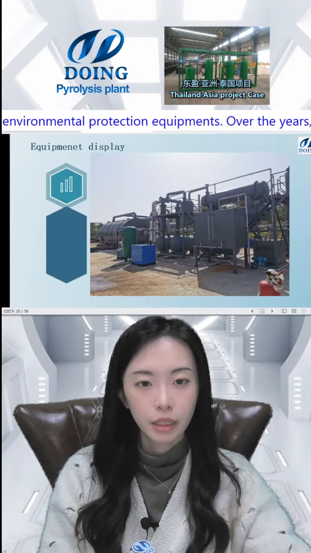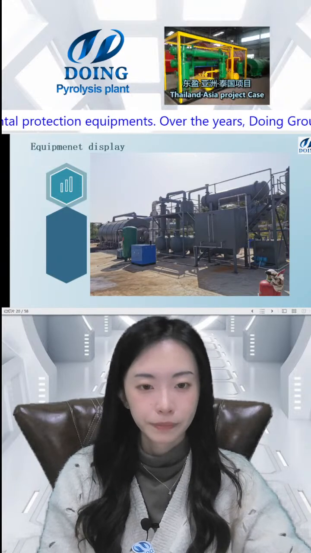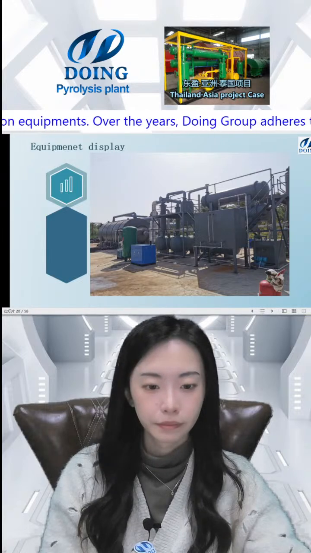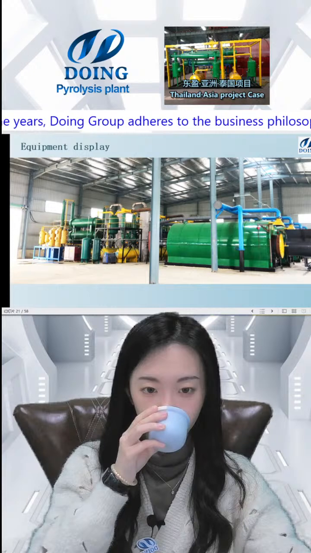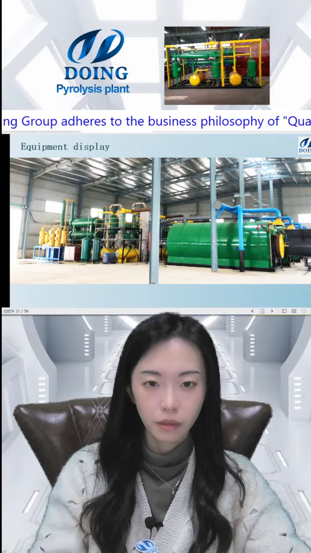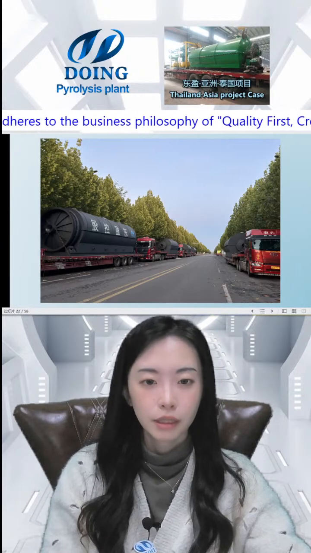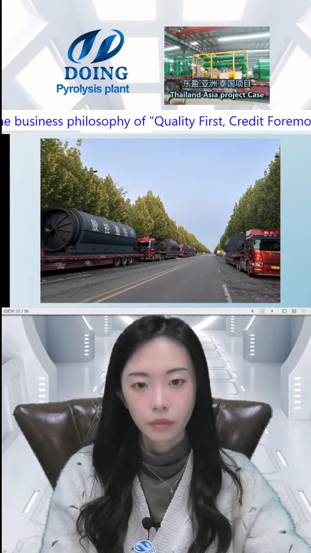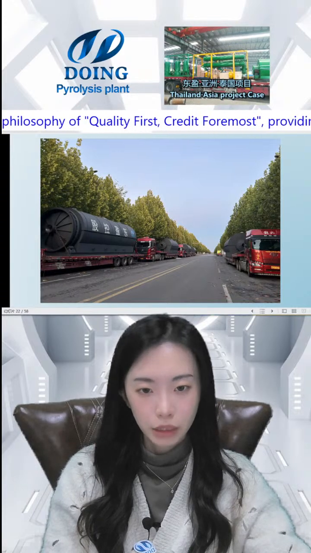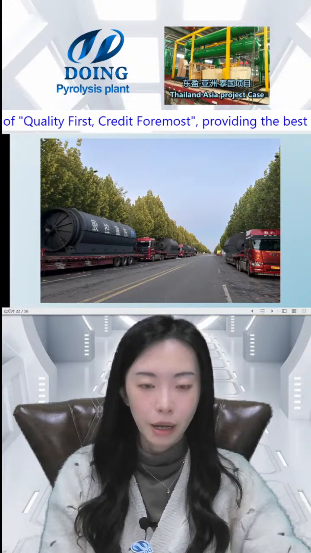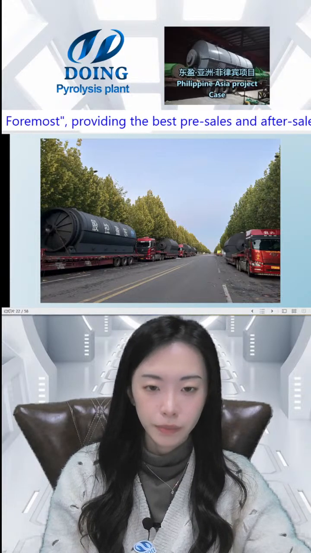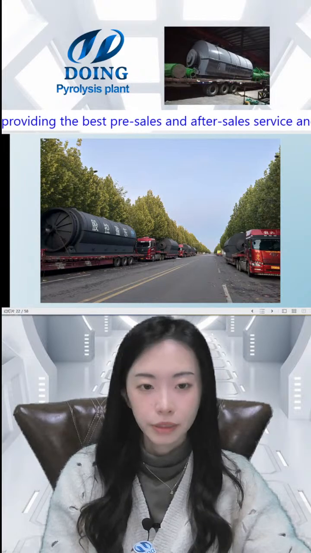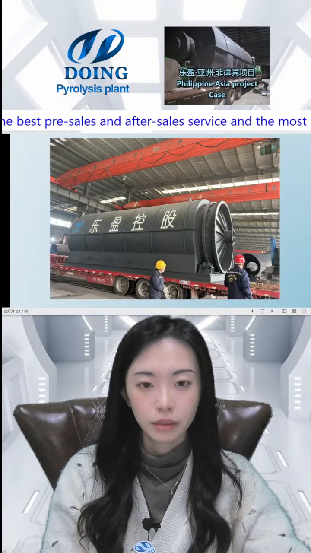This is some customers in Asia. Some delivery picture. This customer has 8 batch type pyrolysis plants for the waste oil sludge, waiting to be delivered to Shanxi province.